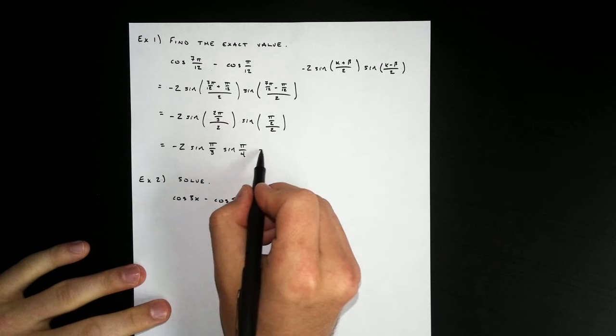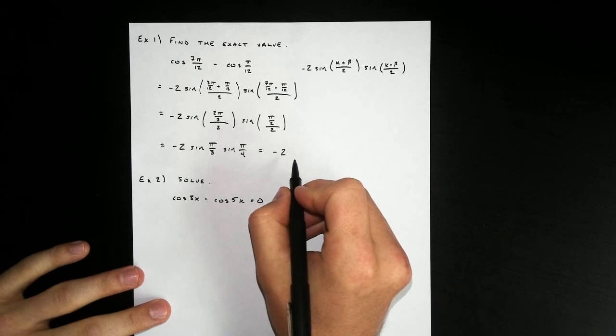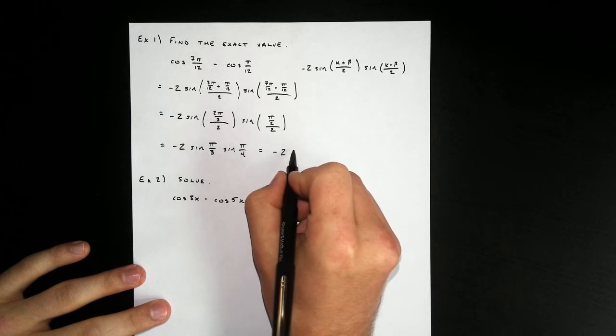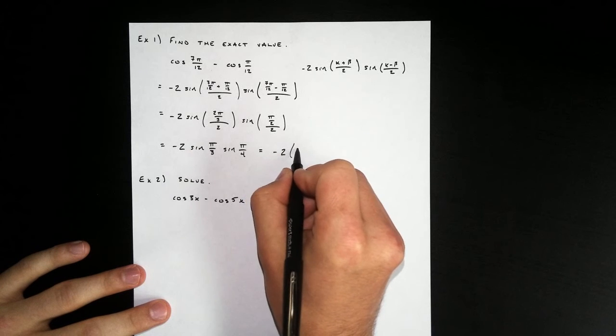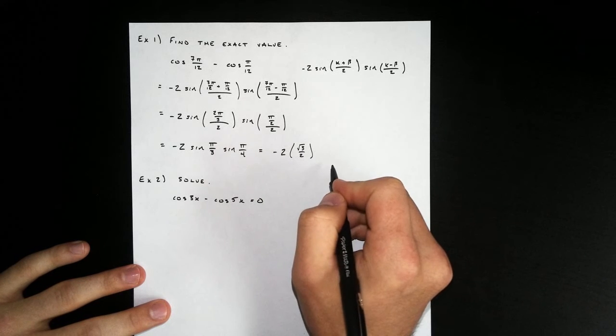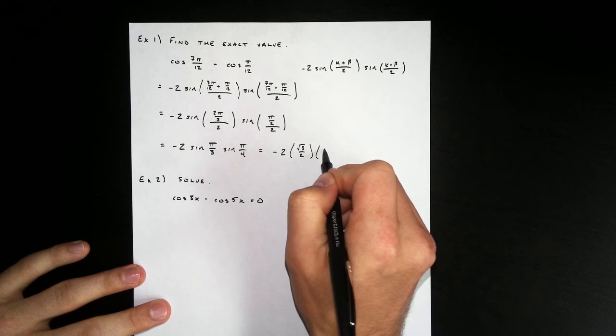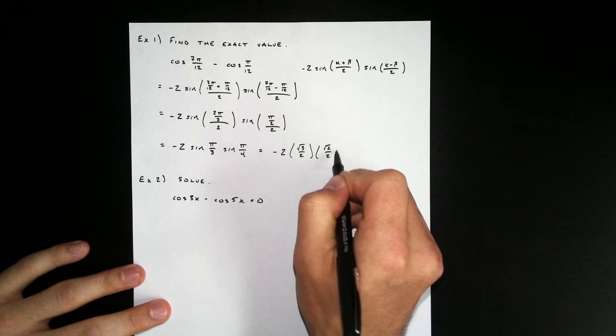So we can figure out our value here. So the sine of pi over 3, the y value of pi over 3, is the square root of 3 over 2. And then the sine of pi over 4 is the square root of 2 over 2.